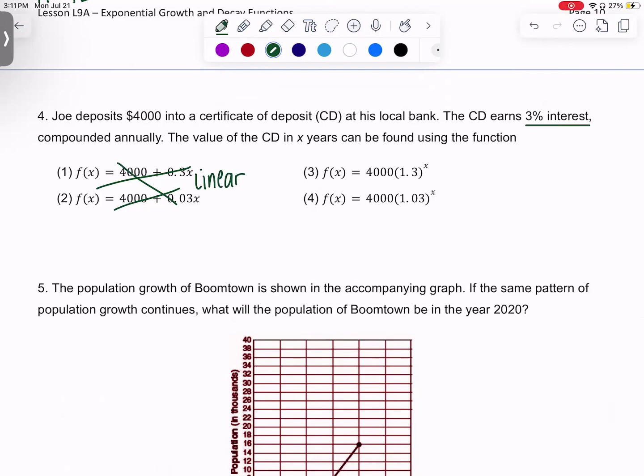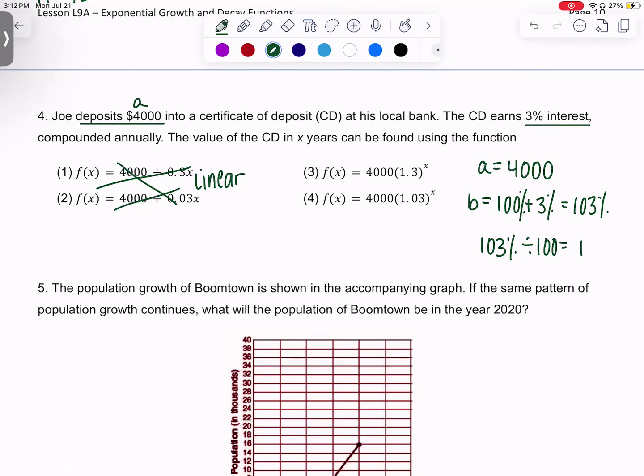Between number 3 and 4, they both have the same 4,000, and that's correct because that's our initial value. That's how much he deposits. A is 4,000. It's earning 3% interest, so B is 100% plus 3%, 103%. 103% divided by 100 is 1.03, not 1.3.